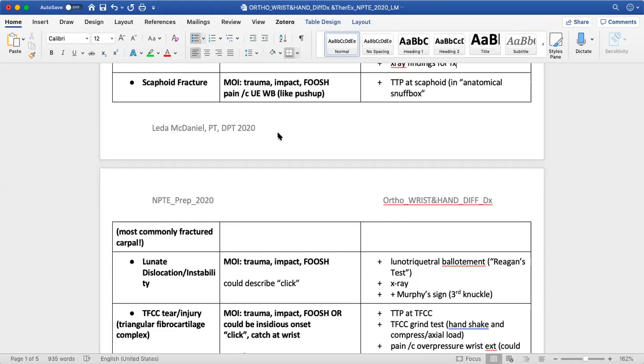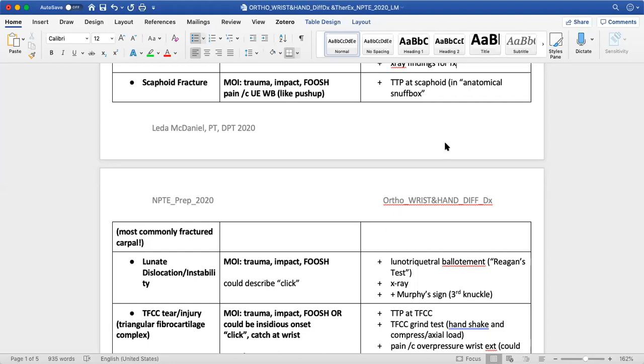As somebody falls on their outstretched hand, if they fall on that load-bearing radius or the meat of the thenar eminence, they're likely to impact at the scaphoid side of the wrist, in that scaphoid area. And so trauma to that area can cause a scaphoid fracture.